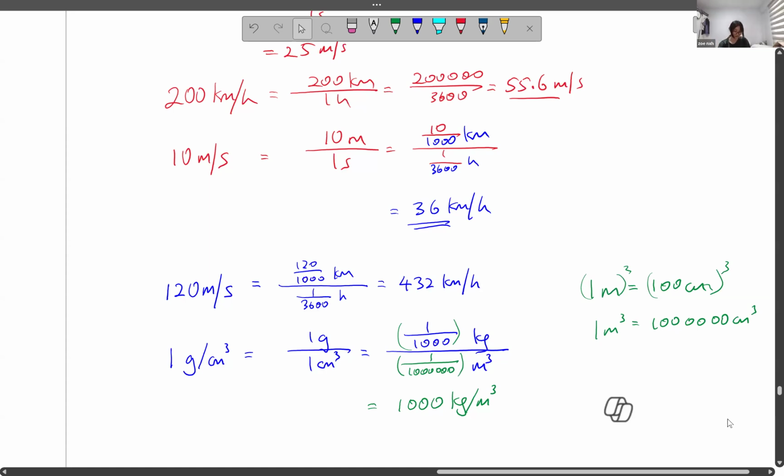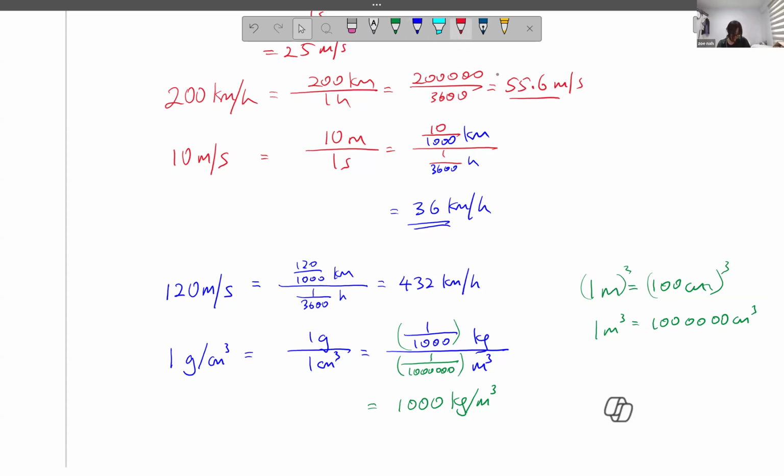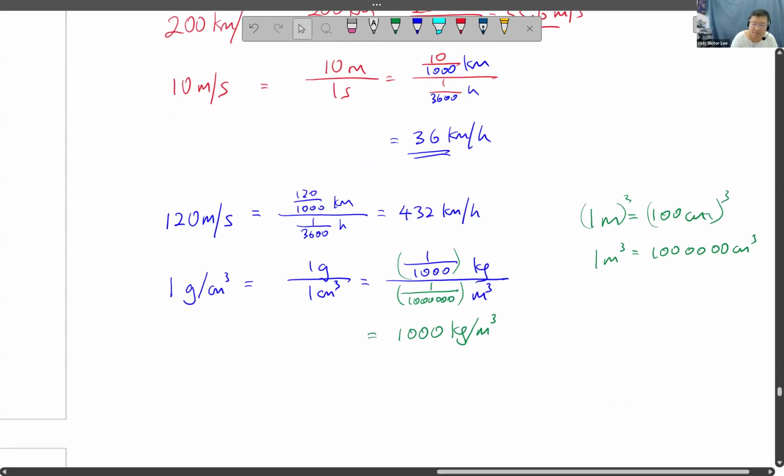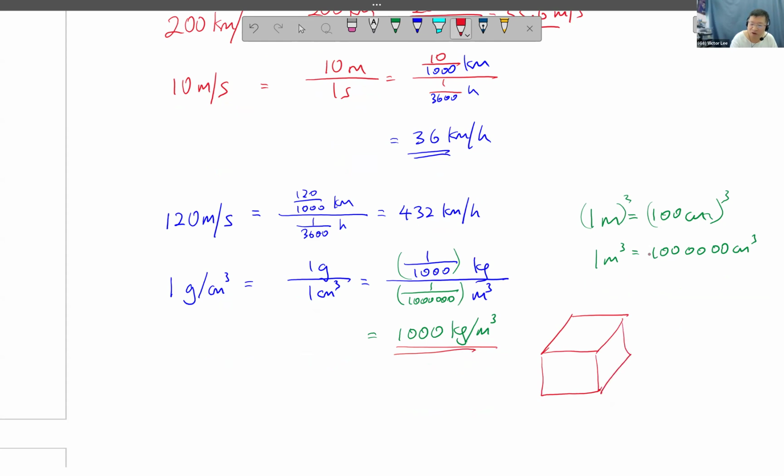I think I typed wrongly just now. Okay, don't worry. Now this is water. What does it imply? It implies that water, if you have a water tank, a fish tank, 1 meter by 1 meter by 1 meter height, this entire thing is 1,000 kg heavy. Can you imagine?